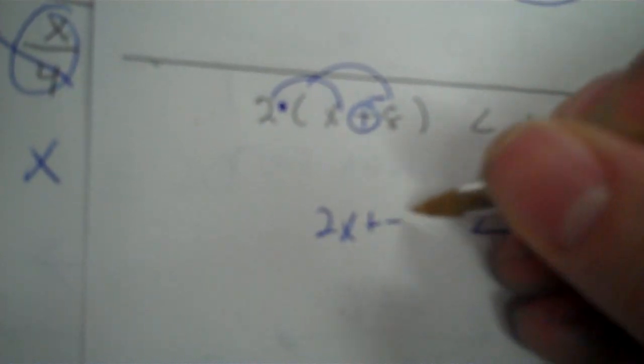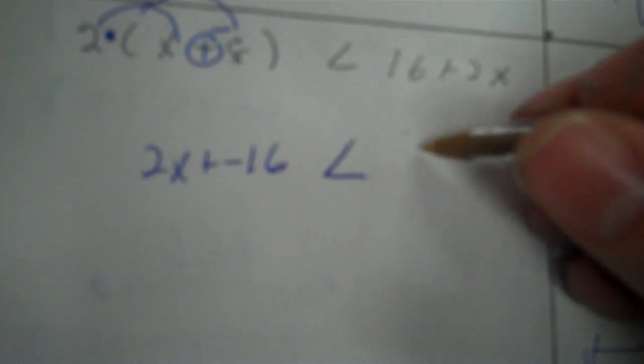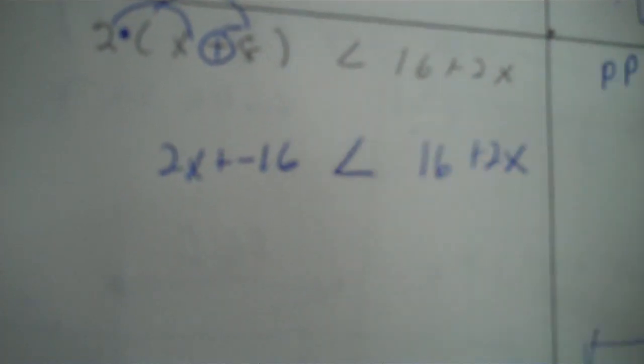You can't graph that. Okay, we have to do the distributive property here. That's always a sign keeper. Keep sign. Know that. So 2 times x plus negative 8. So 2 times x, 2 times negative 8. 2x plus negative 16. And over here we have 16 plus 2x.